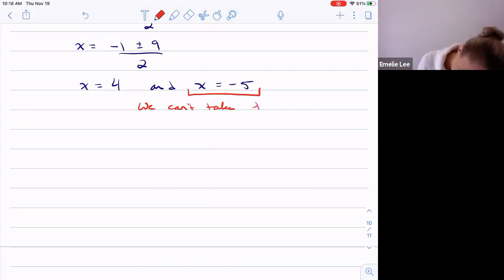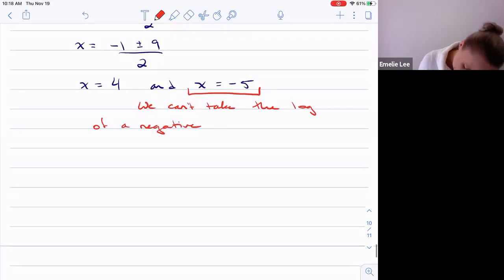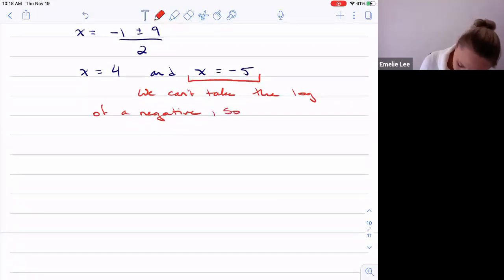So we can't take the log of a negative. So x equals negative 5 is not in the domain.